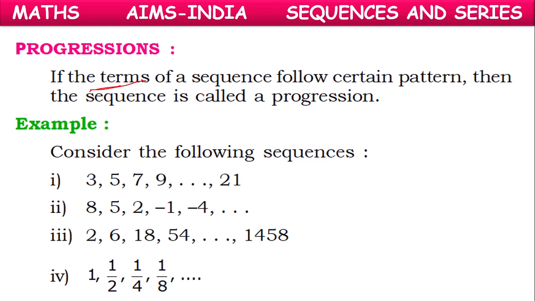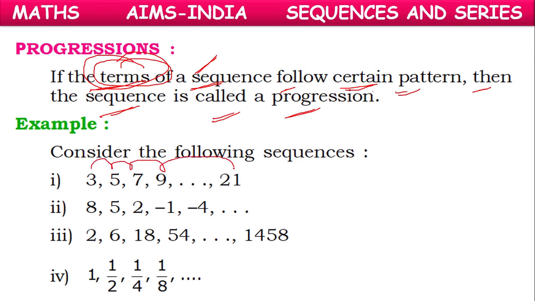If all the terms of a sequence follow a certain pattern, then the sequence is called a progression. So here: 3, 5, 7, 9, 21.